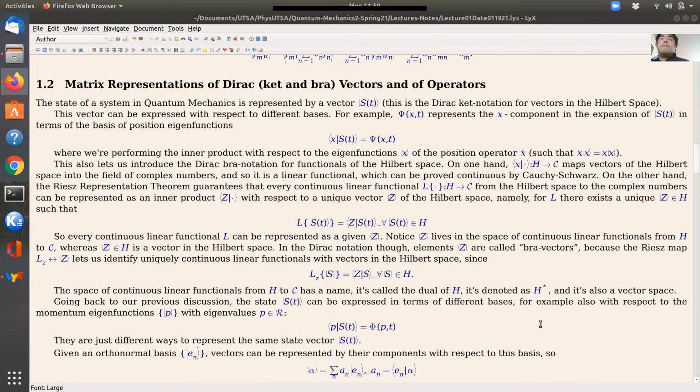Okay, so far we have covered the inner product concept. Then we'll go to the matrix representations of Dirac vectors and of operators. So this, loosely speaking, I would say, bras and kets in quantum mechanics are basically the difference between vectors and functionals.